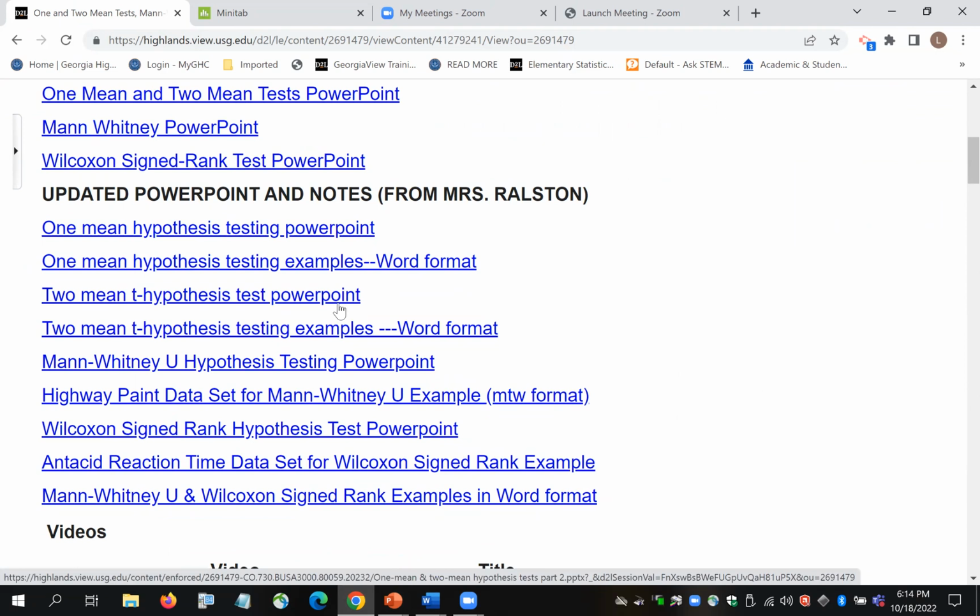You also have the 2 mean PowerPoint with examples in Word format, the Mann-Whitney U PowerPoint with the data set that you need, and the Wilcoxon signed rank PowerPoint with the data set that you need and the examples in a Word document. If you follow along using these PowerPoints, you may want to open 2 mean t, Mann-Whitney U, and Wilcoxon signed rank, because we're going to move between them tonight.